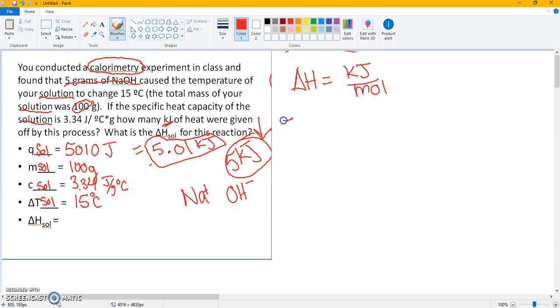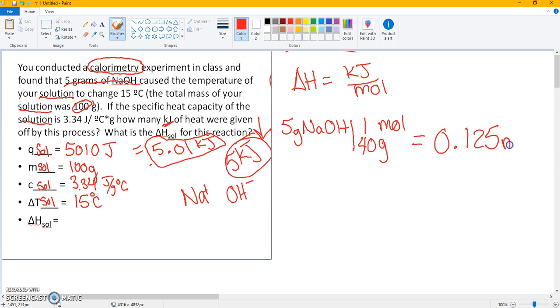Alright, so after I recognize that, I go from 5 grams of sodium hydroxide to moles. There are 40 grams per mole. I got that off of the periodic table. And I get 0.125 moles of sodium hydroxide. And I know that when 0.125 moles of sodium hydroxide break apart, it releases 5 kilojoules of energy.